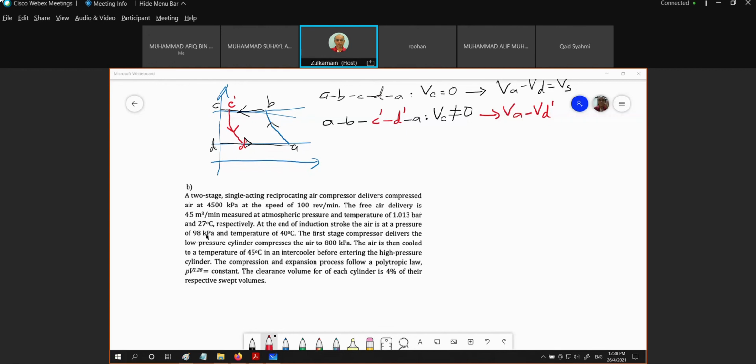The first stage compressor, the low pressure cylinder, compresses air to 800 kPa.